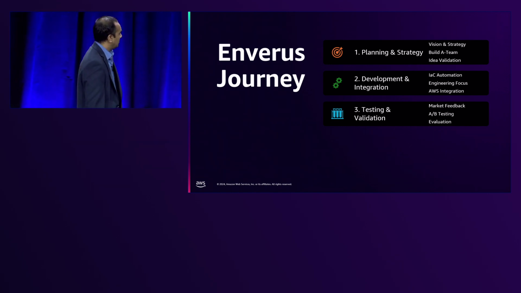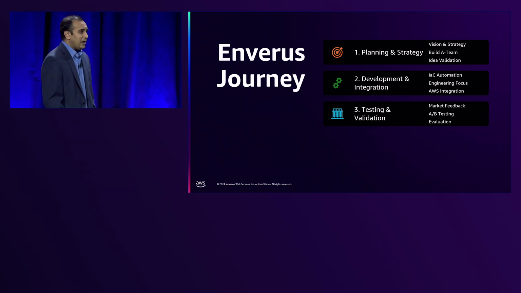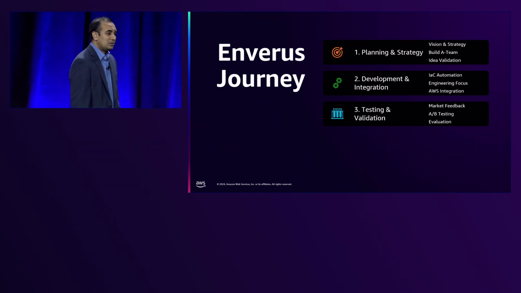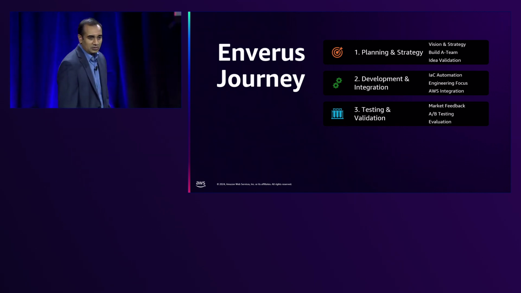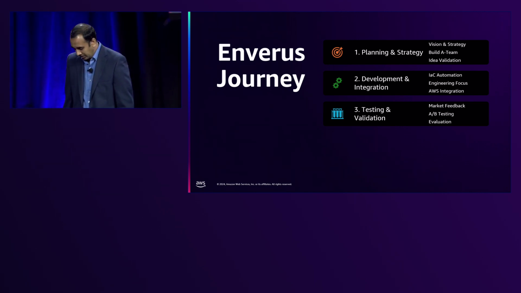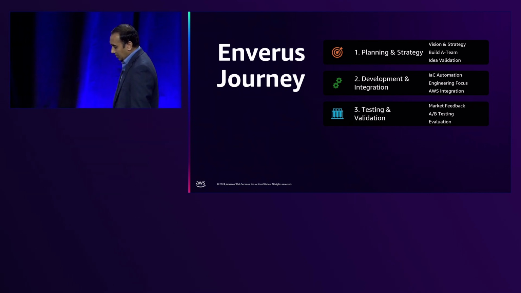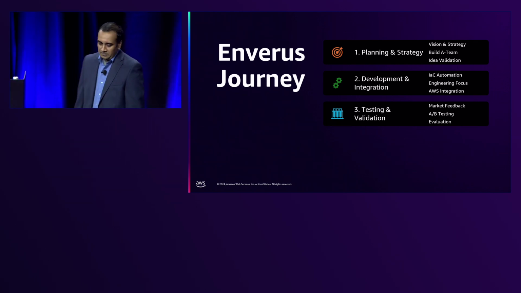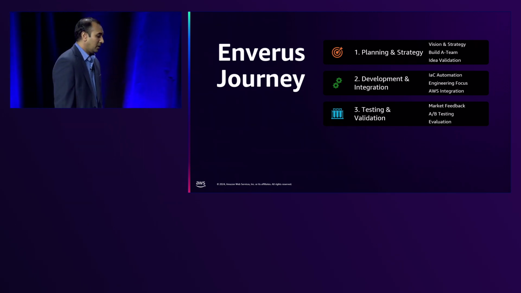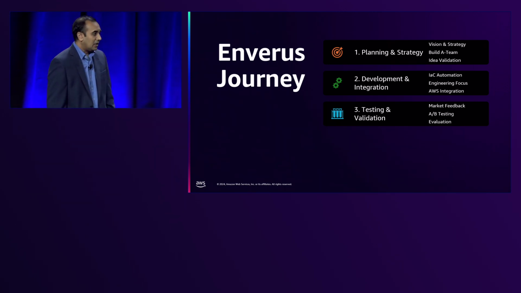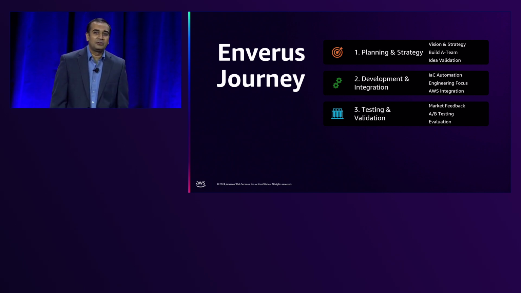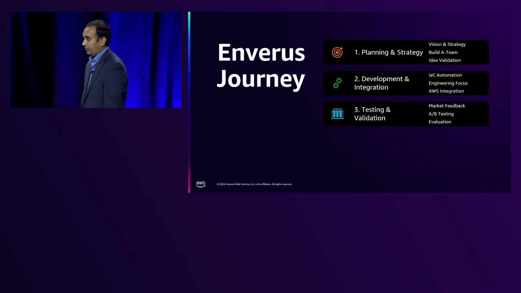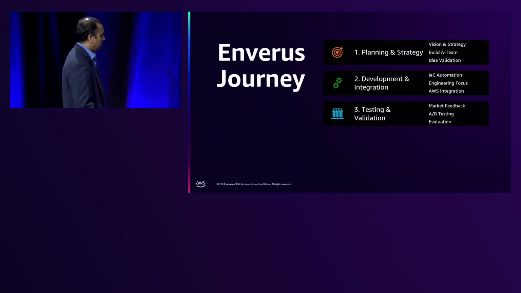So we get, basically through market feedback and A/B testing, validation of which configuration is working better, as well as the evaluation. For evaluation, we started with the open source Ragas framework. I think many of you might be using it. Ragas gives really good RAG metrics. However, we were able to implement a complete end-to-end solution, but that brings a lot of development overhead. Let me tell you why.